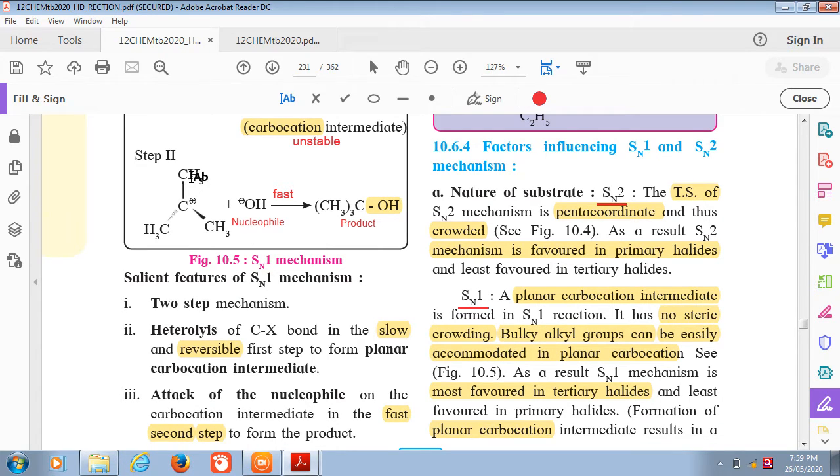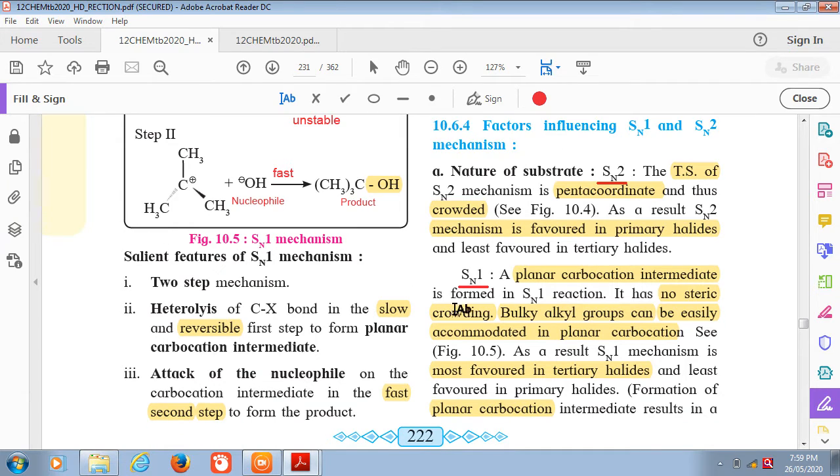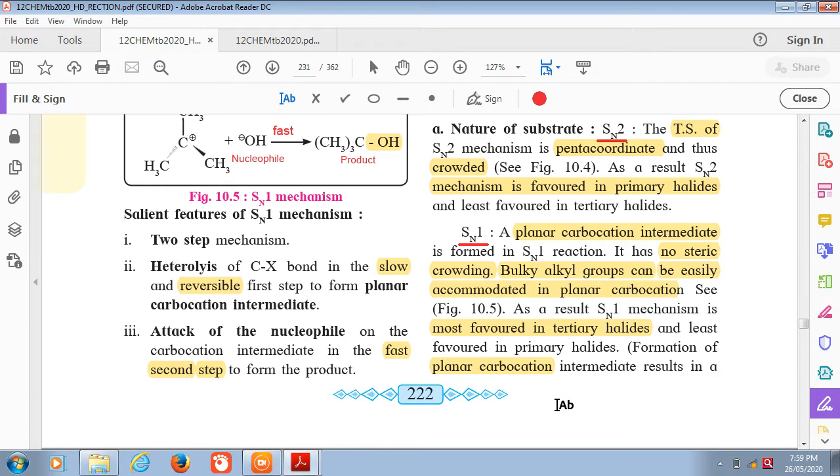So only 3 methyl groups are there and there is no overcrowding. So bulkier alkyl groups can easily be accommodated in the plane. So all these 3 methyl groups and this center carbon are in the plane. As a result, the Sn1 reaction mechanism is most favored in tertiary halide and least favored in primary halide.